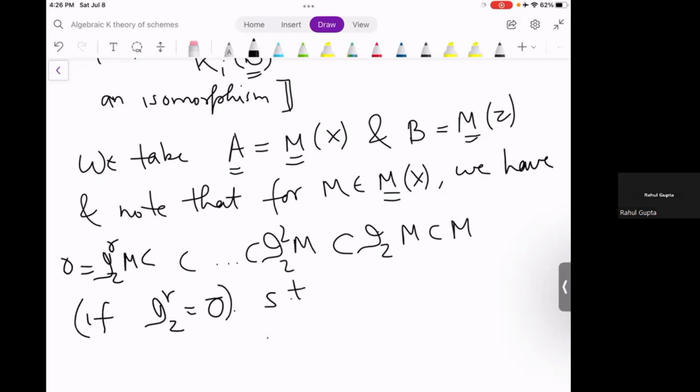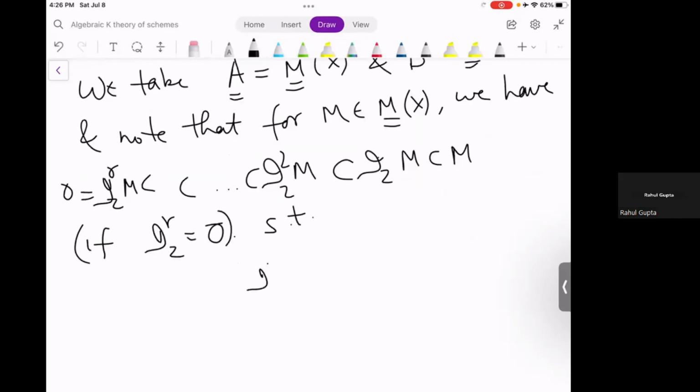So what happens if I take the quotients? I is equal to the ideal of Z. So I^i M over I^{i+1} M, what is that?